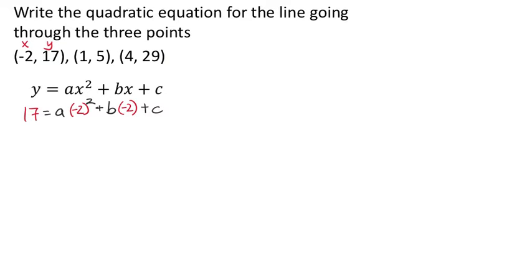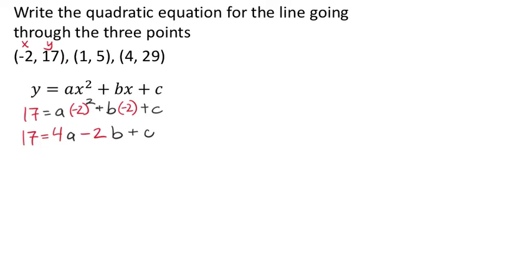Simplifying this, 17 equals 4a, since -2 times -2 is 4, then -2b, and then plus the c. That's my first equation.